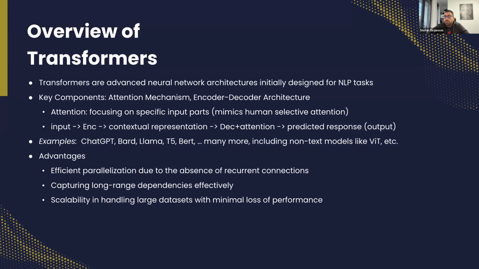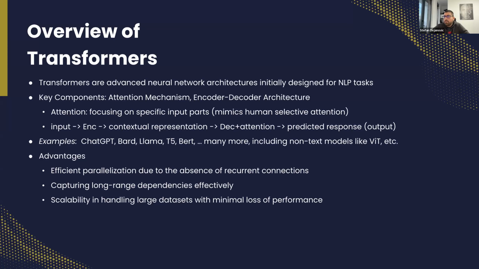One of the standout features of transformers is their ability to efficiently capture long-range dependencies and parallelize tasks. And scalability here is really valuable, especially when handling vast data sets, minimizing performance losses.